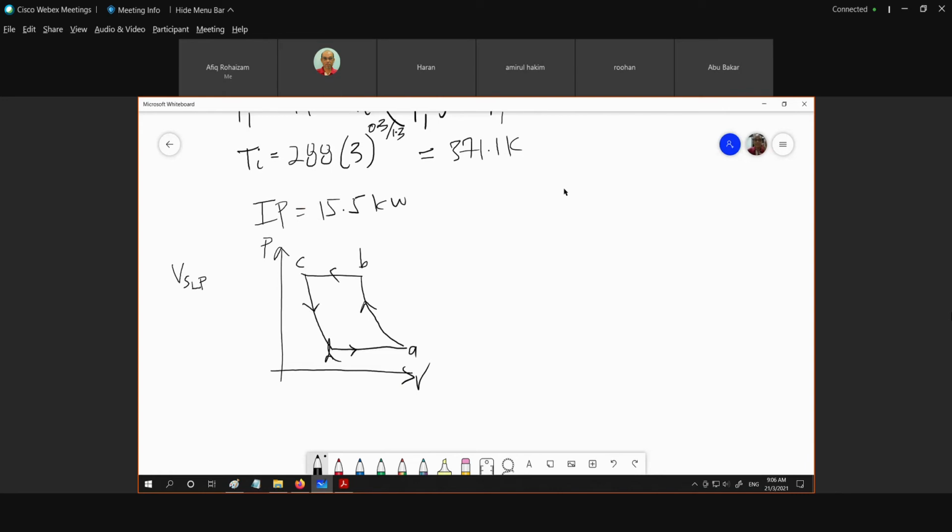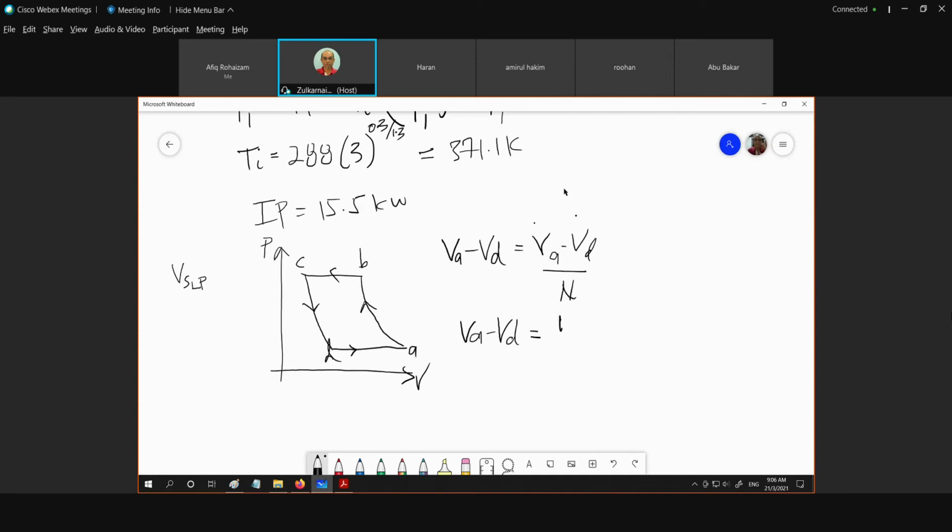Alright? As usual, kita akan dapatkan VA minus VD. How to get the VA minus VD? The VA minus VD is equal to the V dot A minus V dot D divided by N. So what is VA minus VD? VA minus VD is equal to formula PV equal to MRT.